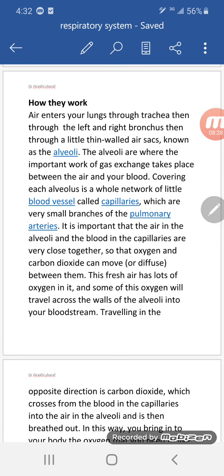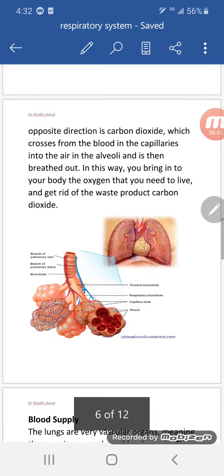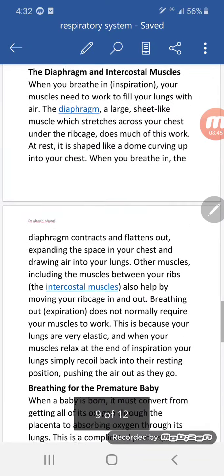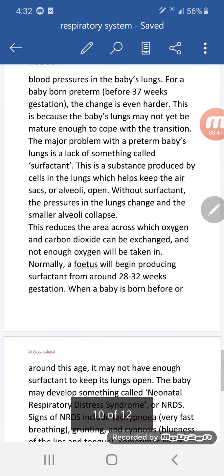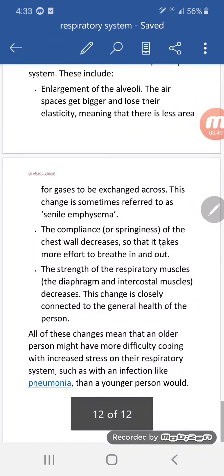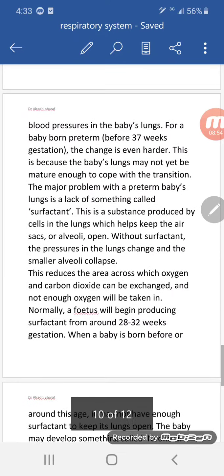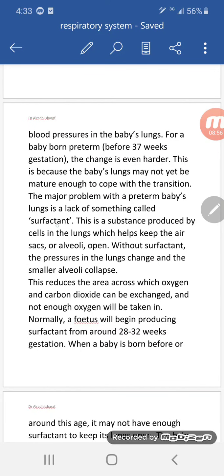And we know the functional unit of the lung, which is the alveoli. Also, we know how gas exchange happens between capillaries and the pulmonary artery and pulmonary veins. Finally, we see the difference between old age and young age, and there is an important substance called surfactant, which prevents alveoli from collapsing.